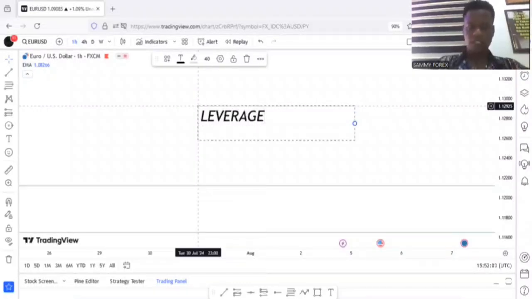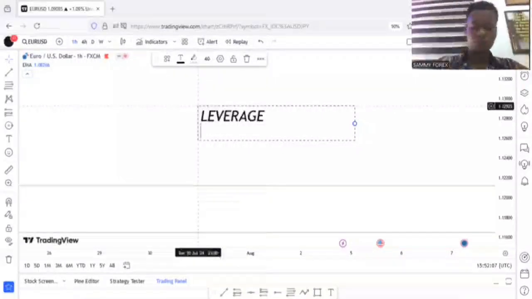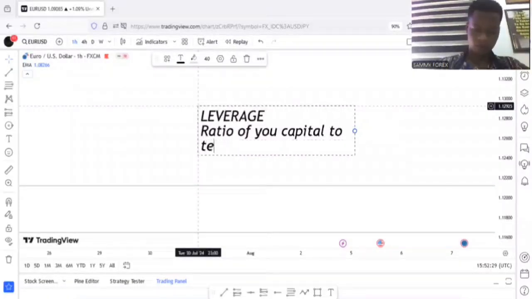Leverage is the ratio of your capital to the money the broker lends you.